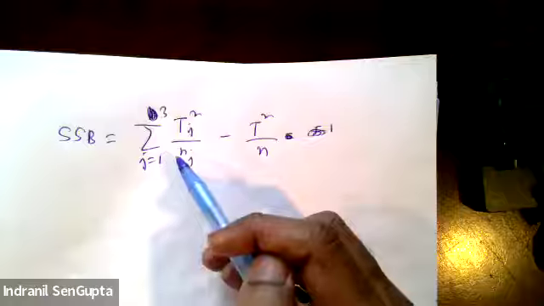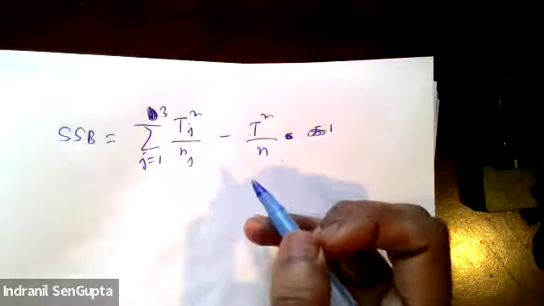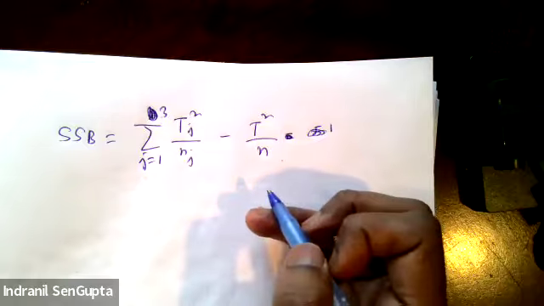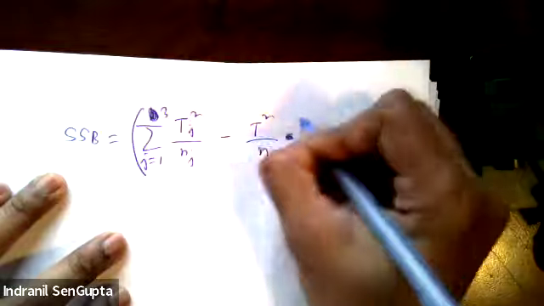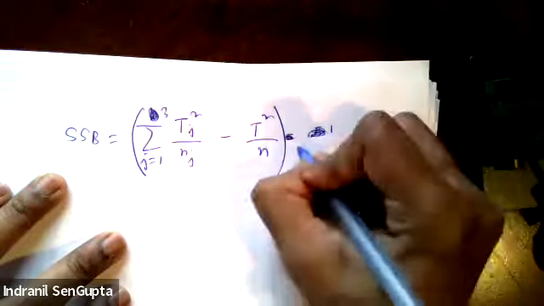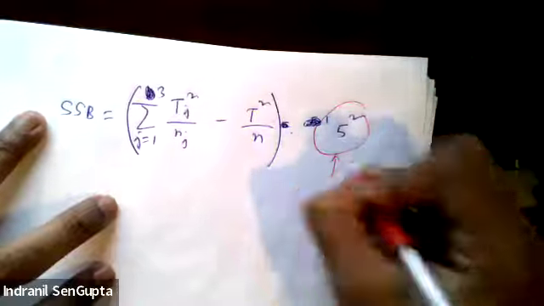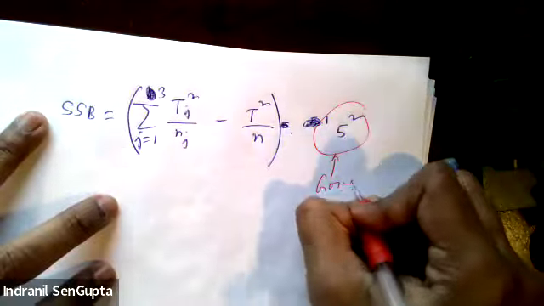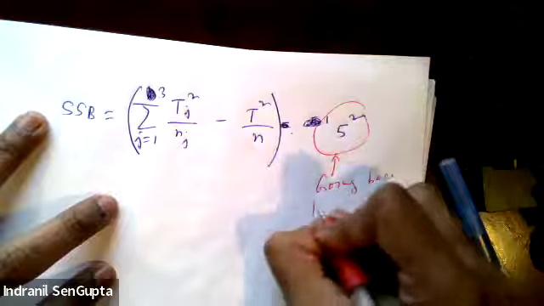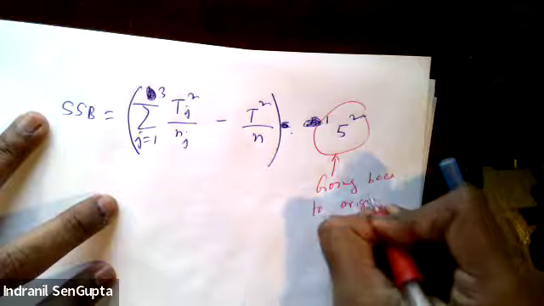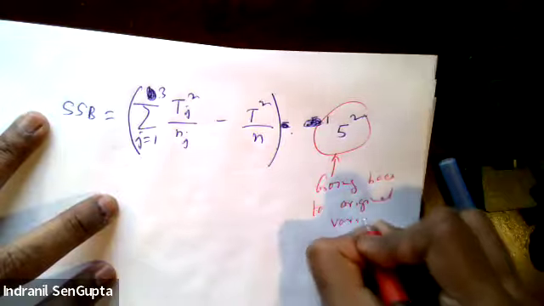Also, SSB is a number computed out of the squares. So if I have to go back to the original variables for SSB, I also have to make that correction. So it's basically times 5 squared. So this is again going back to original variables.